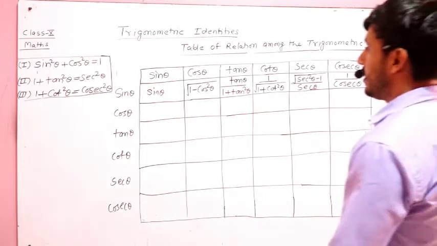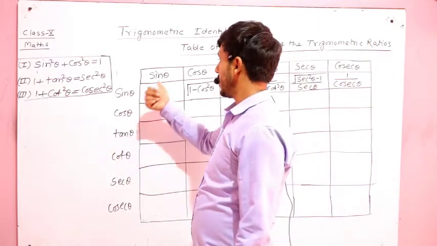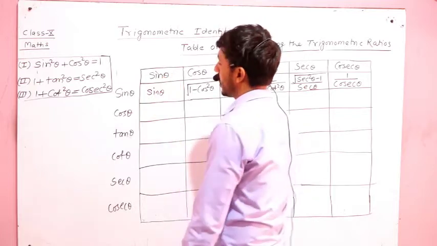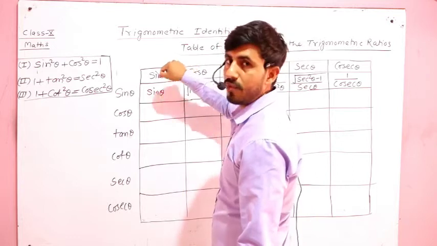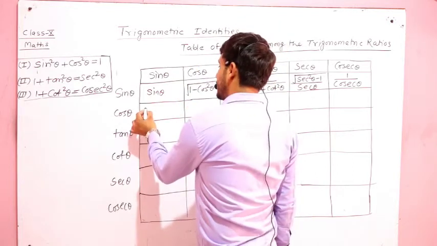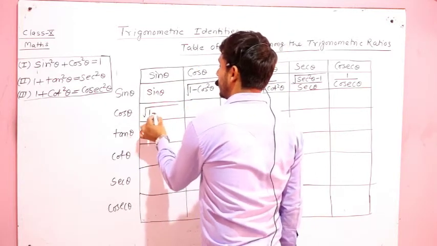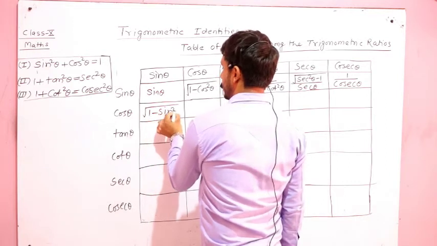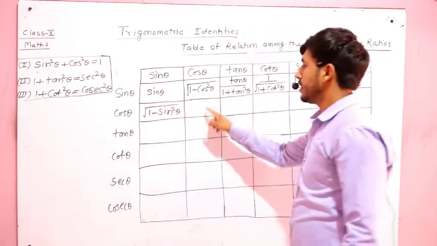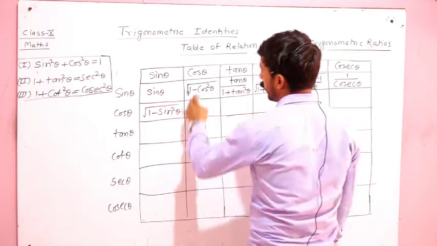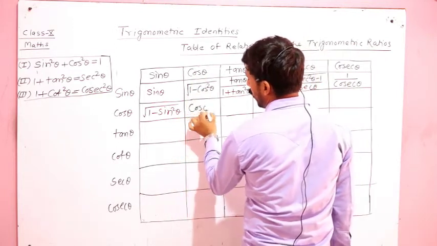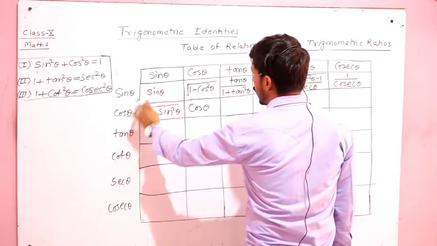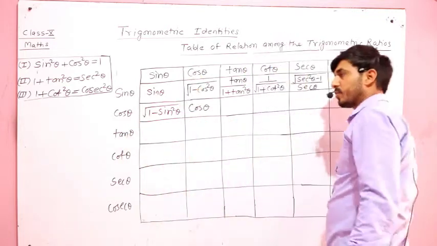In the next table we have to find cos theta in terms of sin theta, that how we can obtain the value of cos theta by using the value of sin theta, as it can be given by root of 1 minus sin square theta. Here cos theta in terms of cos theta is given as cos theta, because this cos theta and this cos theta are equal.